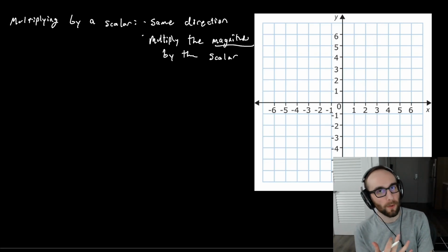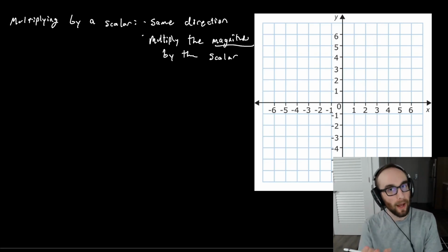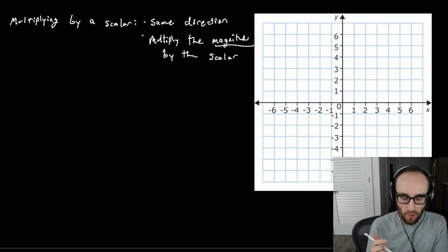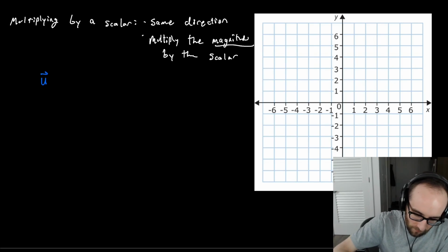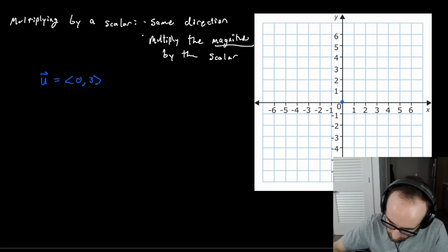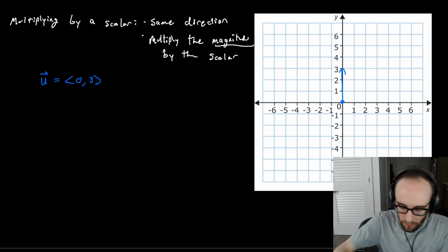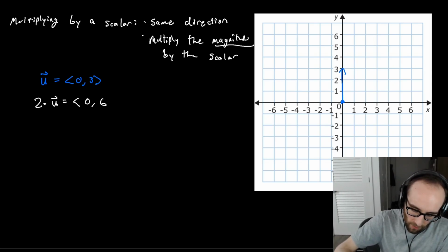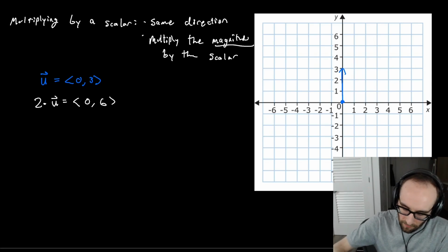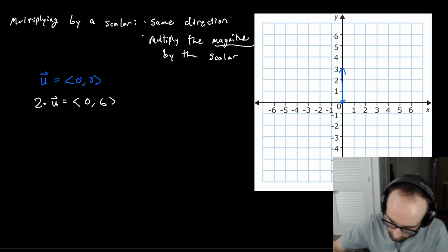Okay, so whatever number we're multiplying by, that applies to the magnitude. A quick example: if we had u, which is just (0, 3), right here, and we were to multiply u by 2, 2 times u, we would end up with (0, 6), because we would start at u.